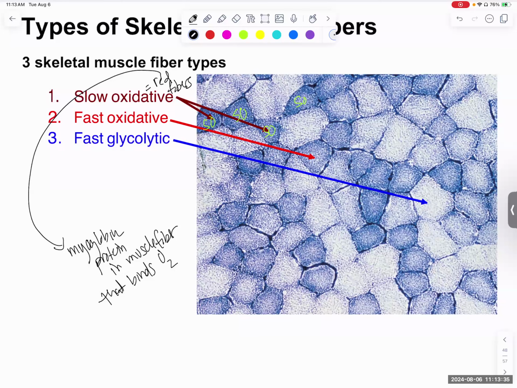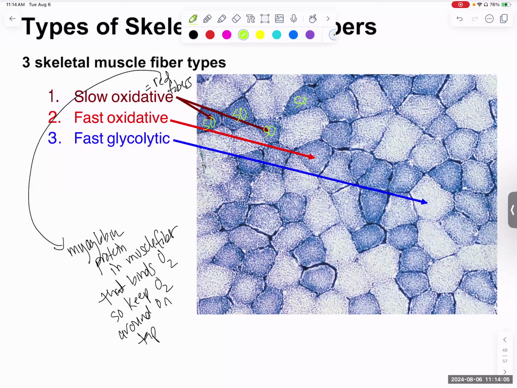Like hemoglobin in a red blood cell, myoglobin binds oxygen in the muscle fiber, so it keeps O2 around on tap. That is to say, slow oxidative fibers store a little bit of oxygen. So they're always going to have oxygen available. They have a lot of capillaries, so they have a lot of blood flow to them, and they have myoglobin that binds that oxygen, has oxygen supply on tap.